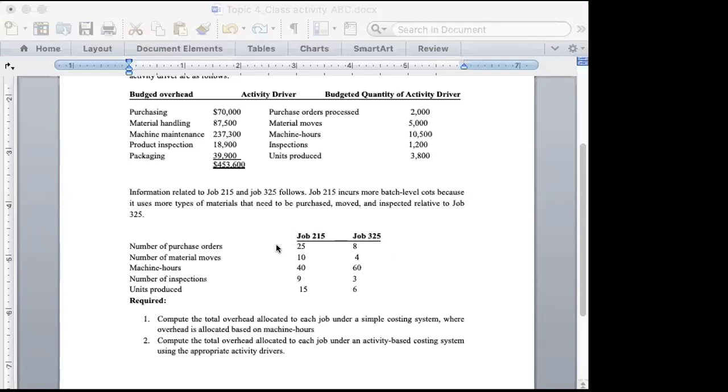Once you have them, you add all the allocations, like what I did on the board, and that is your final answer. Same thing here. So that's all about the calculation for traditional and ABC.